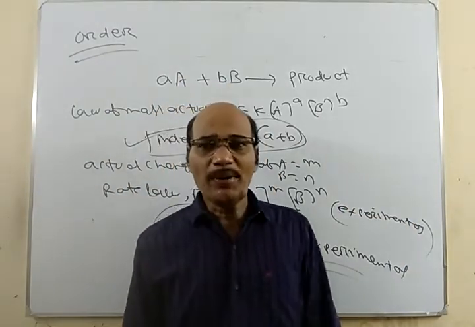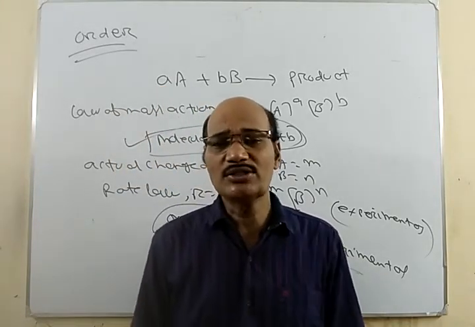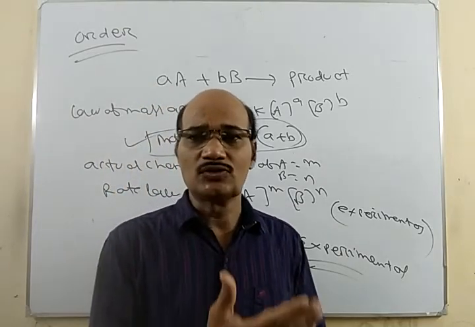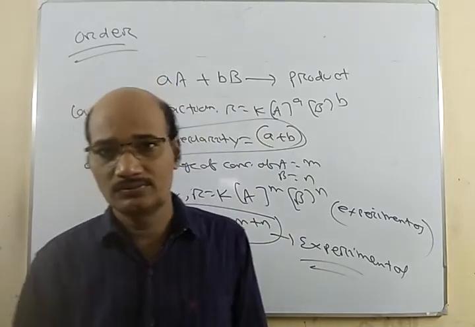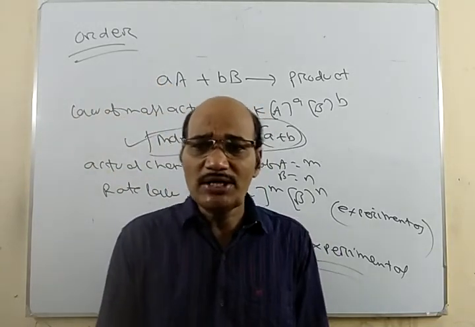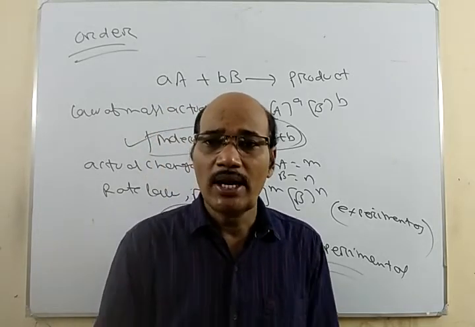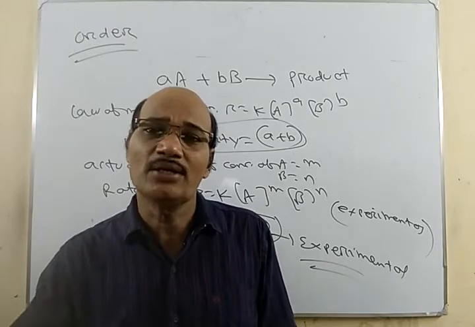So if you compare the order and molecularity, the molecularity of a reaction is a theoretical one and the order of a reaction is an experimental one. The molecularity of a reaction we are determining from the law of mass action, and the order of a reaction we are determining from the rate law.